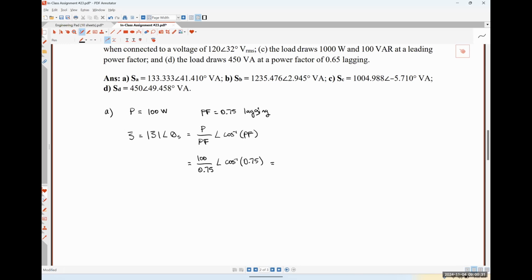If I put this into my calculator, I get 133.333 angle 41.4096 degrees. And because we're dealing with complex power, my units should be volt amperes.